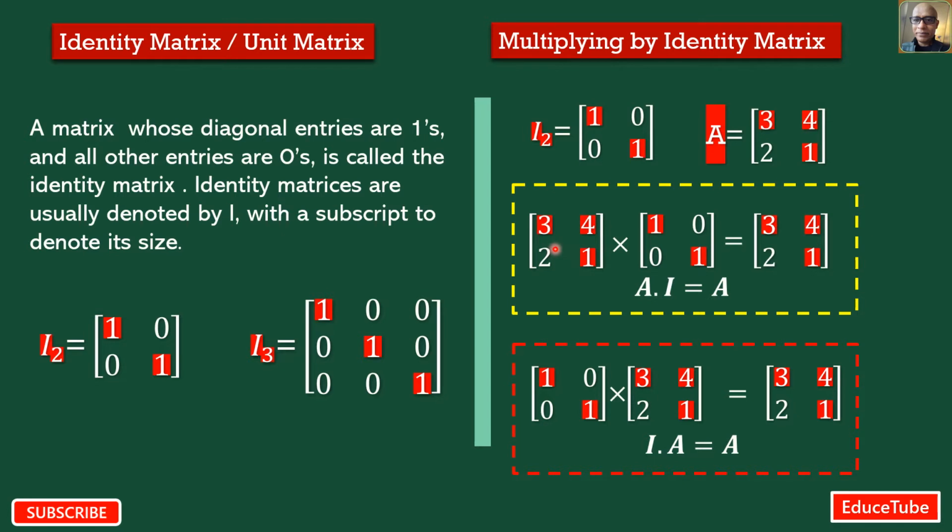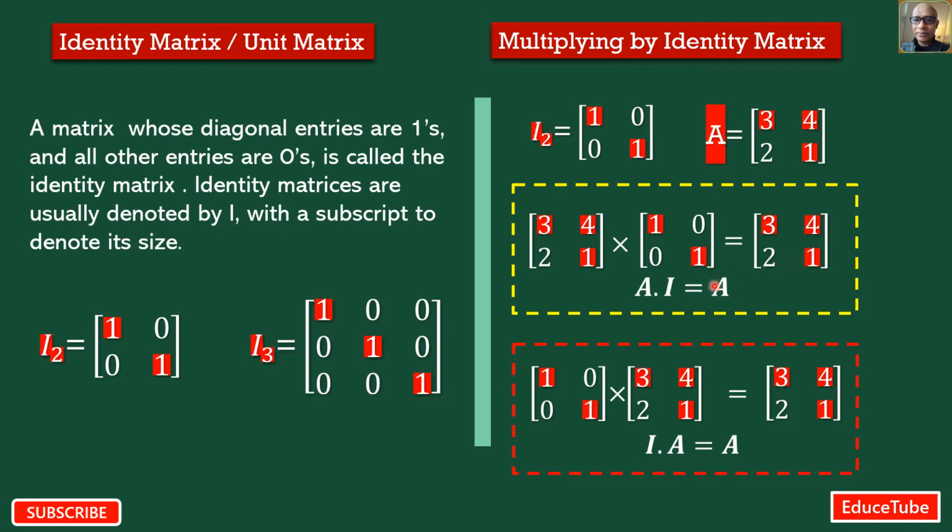So if we multiply this by this following the multiplication procedure, taking this row and multiplying by these two columns respectively, the elements will be 3, 4, and if we multiply this by these two columns, it will be 2, 1.